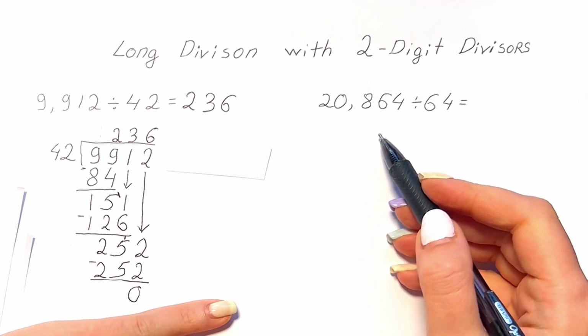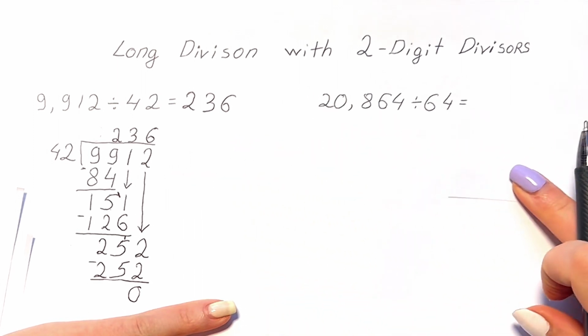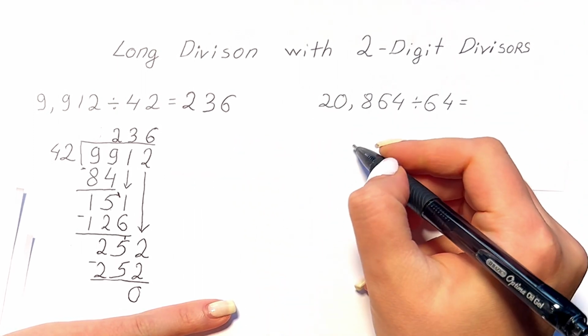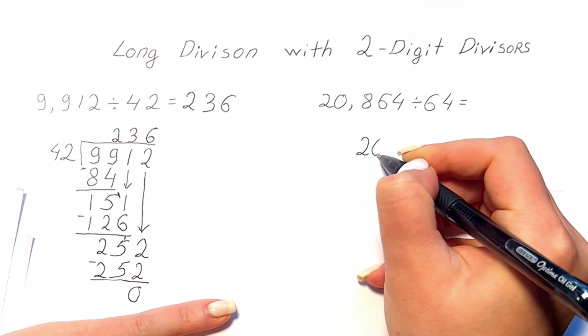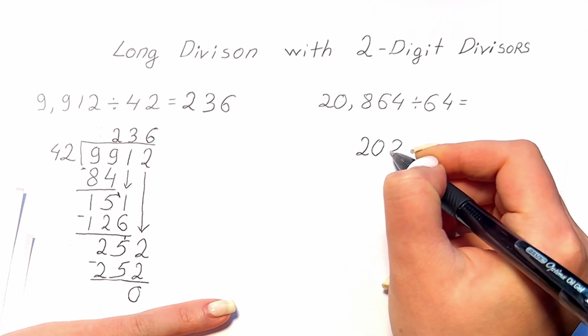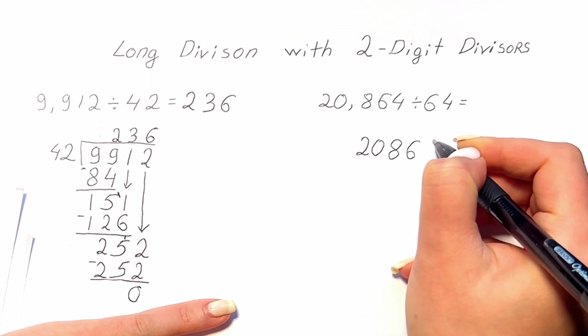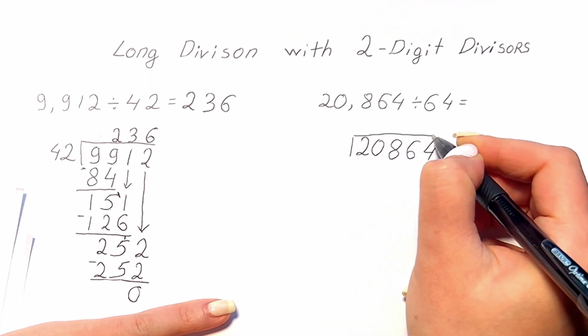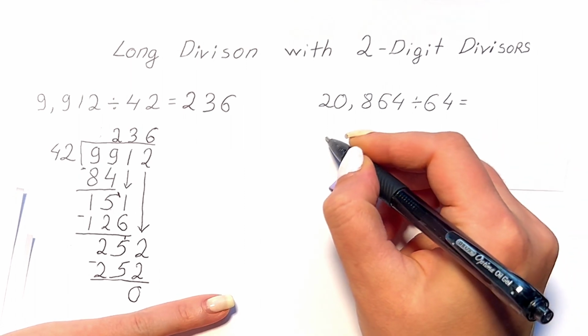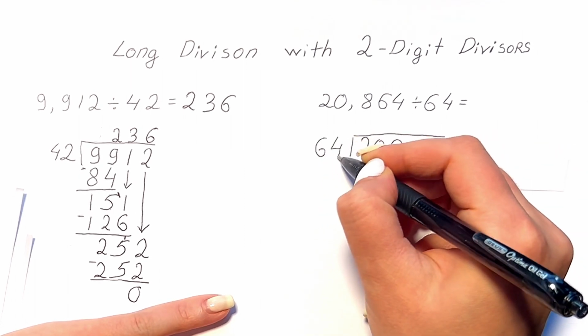Let's do another example: 20,864 divided by 64.